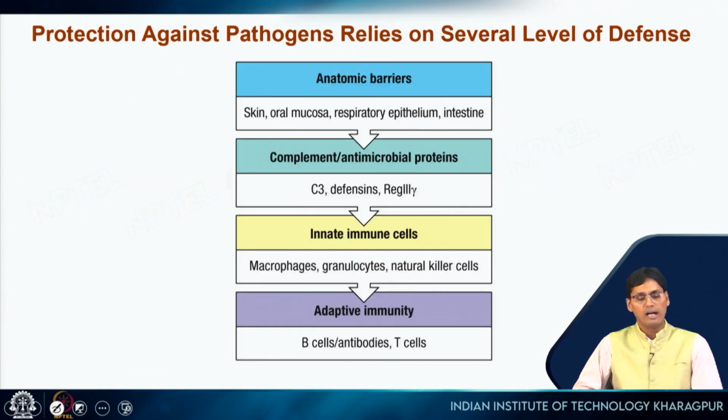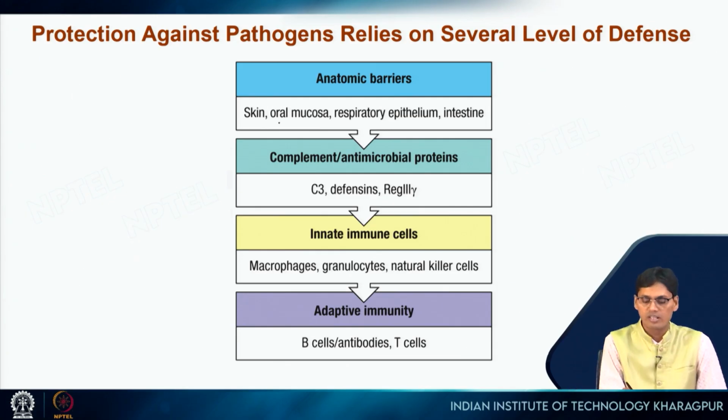Now, for today's lecture, this is the last slide. As I mentioned, today I'm just discussing the introductory part of our immune system. The protection against pathogens relies on several levels of defense mechanism. The first one is the anatomic barrier. As I already mentioned, the skin covering our body is an anatomic barrier.